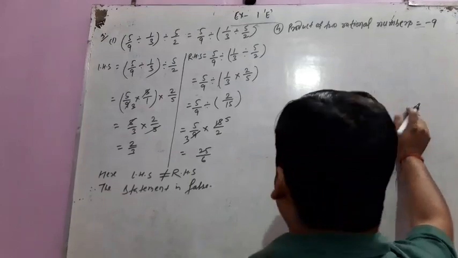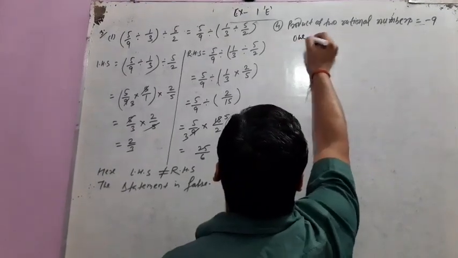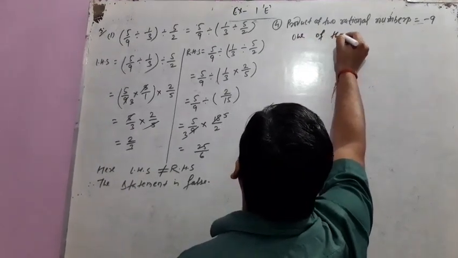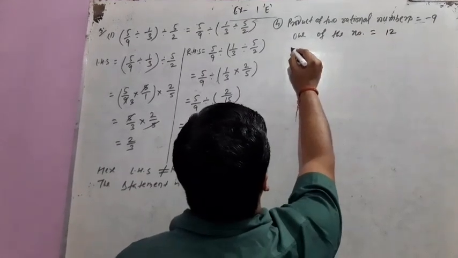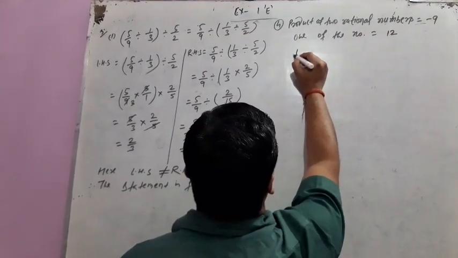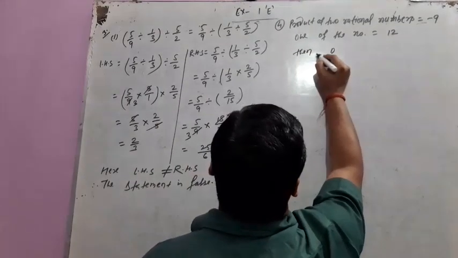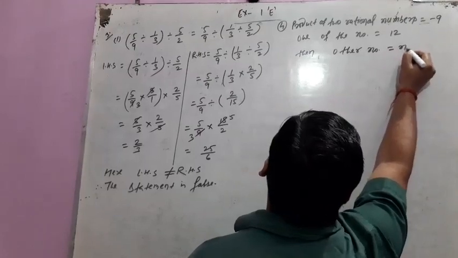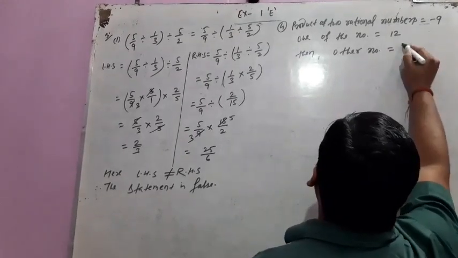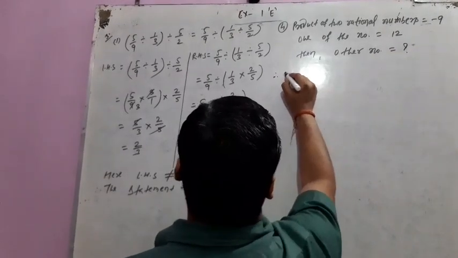One of the numbers is 12. Find the other number. Then the other number is equal to what?